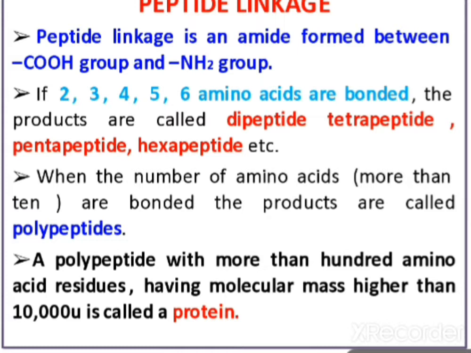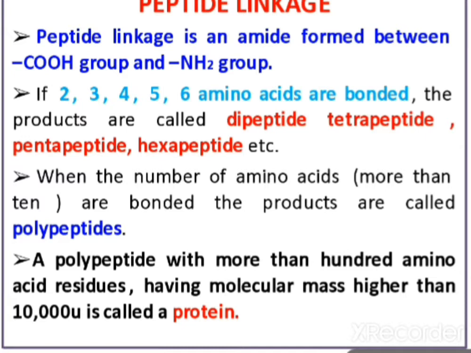So what is peptide linkage? Peptide linkage is an amide bond formed between the carboxylic group and amino group. If two amino acids are bonded, the product is called a dipeptide. Di means two, peptide means amino acids. So dipeptide means two amino acids are combined.